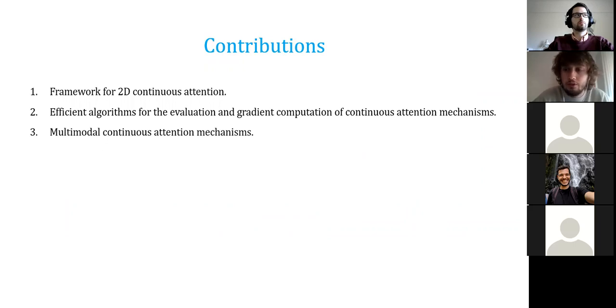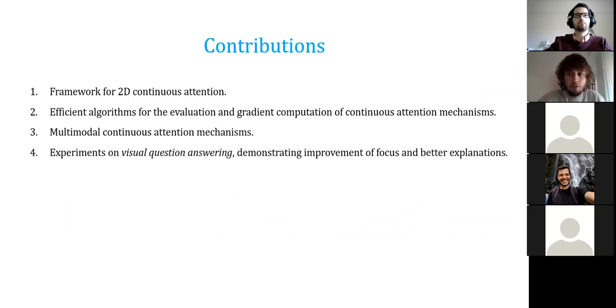Then we introduce multimodal continuous attention mechanisms that allow us to model attention as a more complex and flexible distribution. And finally, we perform experiments on visual question answering that show that continuous attention helps to improve both the focus and the interpretability of models.